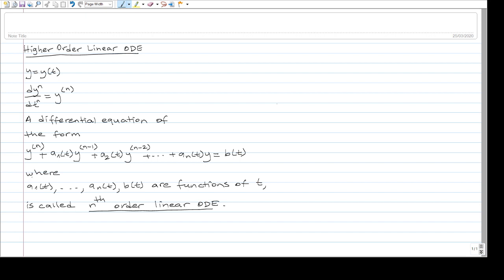Linear because all the derivatives of the function y and the function y itself appear in the first order. Ordinary differential equation because we have only one independent variable t and everything else is a function of that variable. As before, if the function on the other side of our equation happens to be 0, then the equation is called homogeneous.